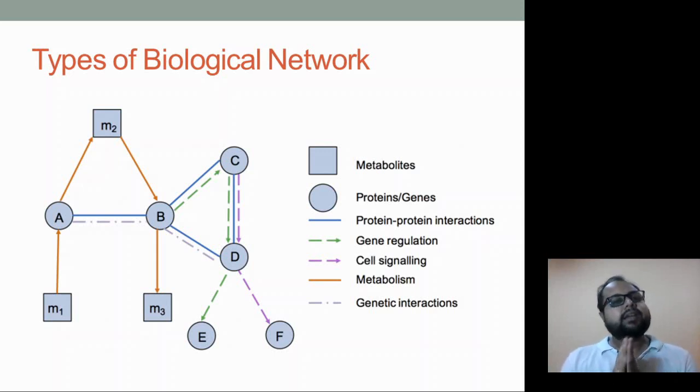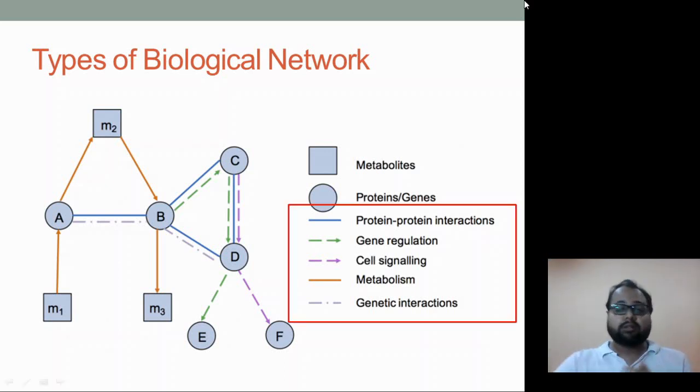The next thing is your biological networks, so the types of biological networks. So you saw the types of graph theory based on the edges. Now it's the types of the biological network. One is based on your protein interaction. Can you see these blue lines here?